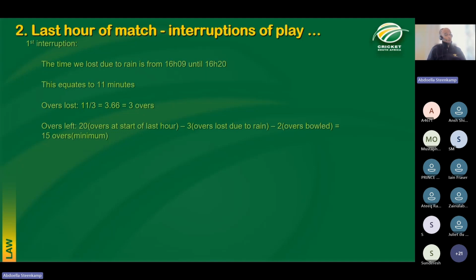The fielding side bowled 2 overs in those 9 minutes, so we need to take overs bowled into account as well. So 20 minus 3 minus 2, 15 overs minimum left in the last hour. Before we take the field at 16:20, when play will restart, we will tell both captains there are a minimum of 15 overs left when play restarts at 16:20. So this is now our first interruption.